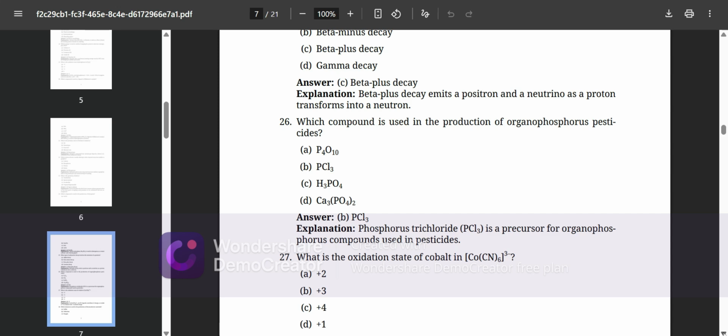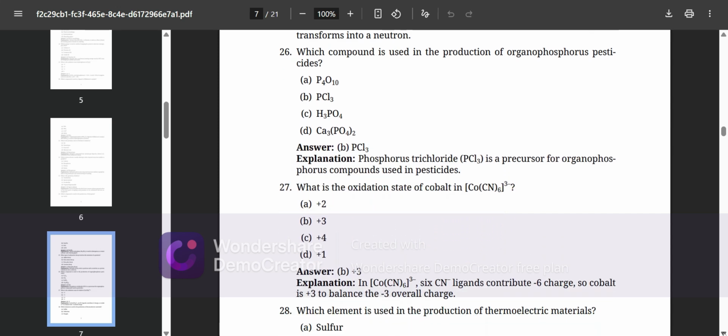Beta plus decay emits a positron and neutrino as a proton transforms into a neutron. Which compound is used in the production of organophosphorus pesticides? PCl3. Phosphorus trichloride, PCl3, is a precursor for organophosphorus compounds used in pesticides.